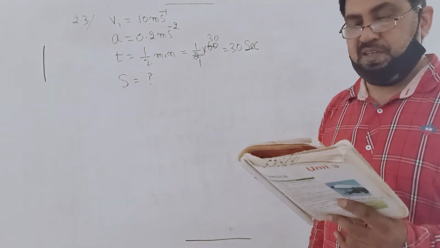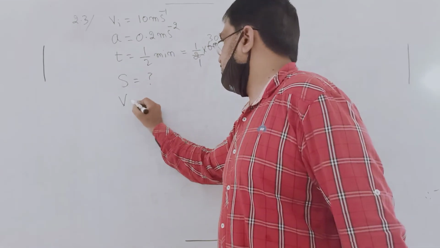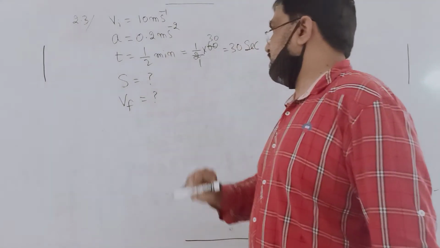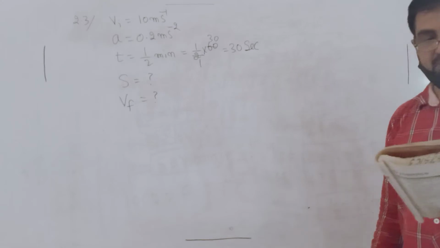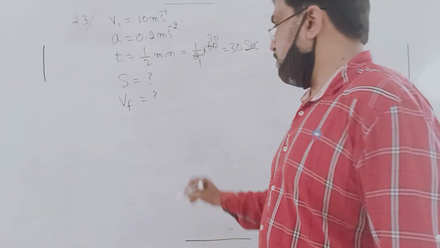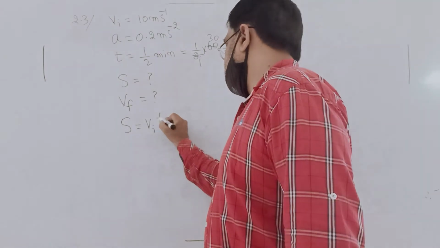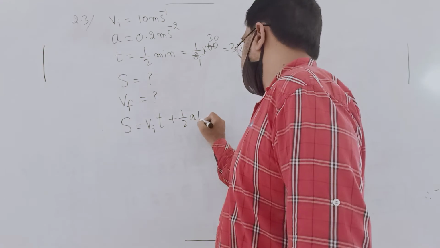During this time, we also find its final velocity. First of all, we use second equation of motion. You know S is equal to ViT plus half AT square.